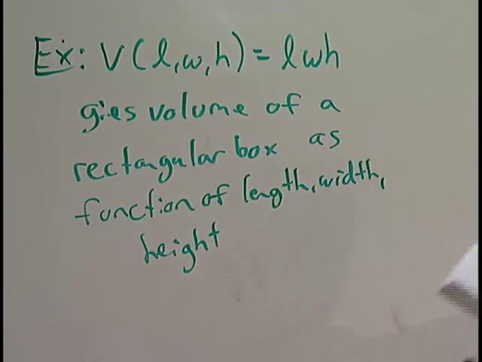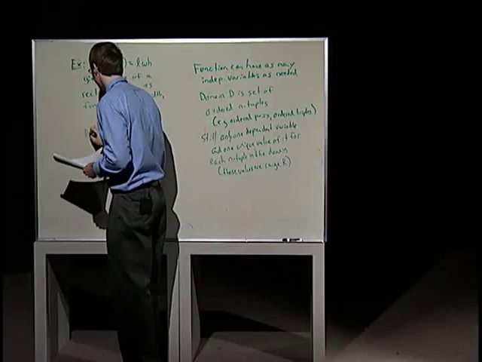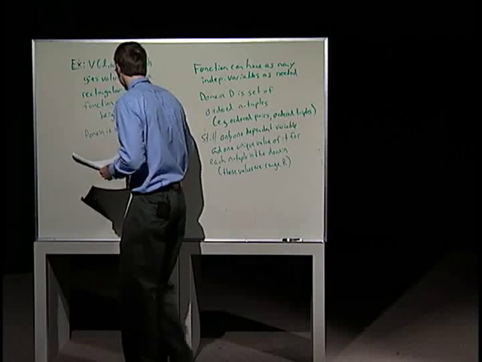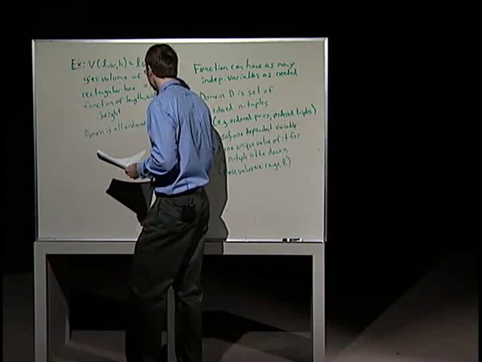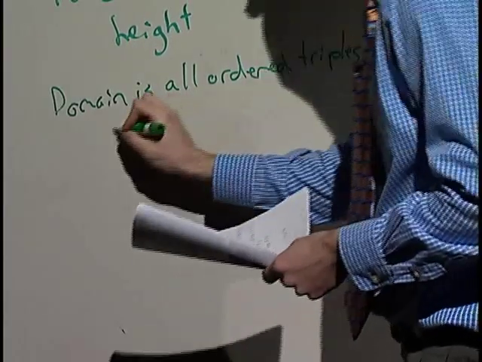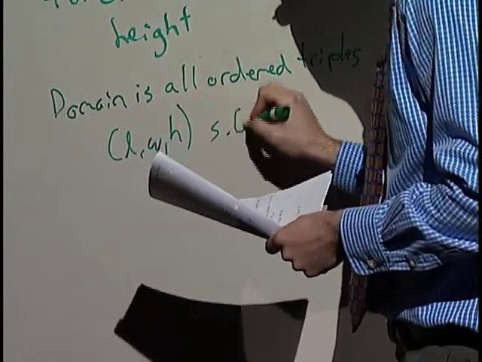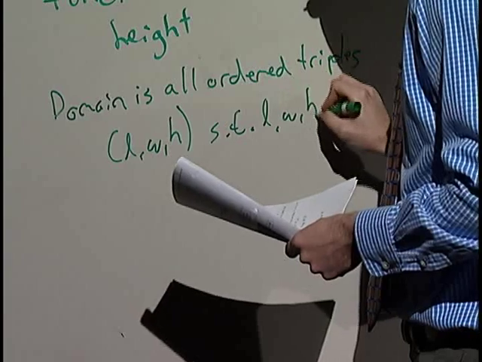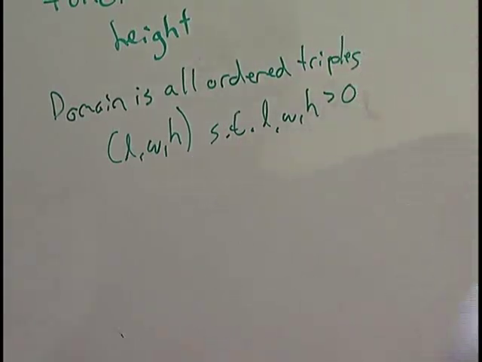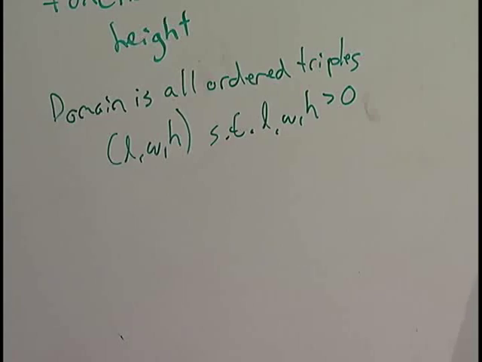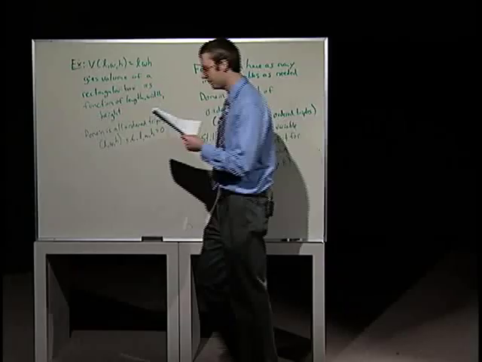The domain set here, so the domain is all ordered triples, L, W, H, such that L, W, and H are all bigger than 0, right? We're just restricting that because you can't have any side of a box be 0 length or smaller.